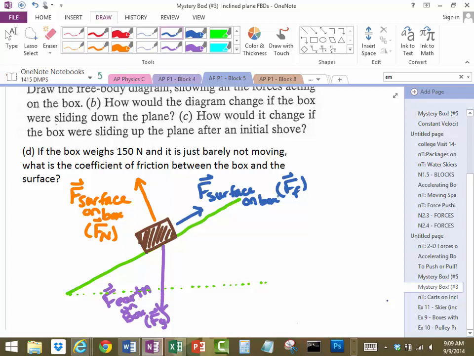Force of friction. Wait, is it still going up that way, or is it starting? Or would it stop? Well, then, yeah, the friction's.